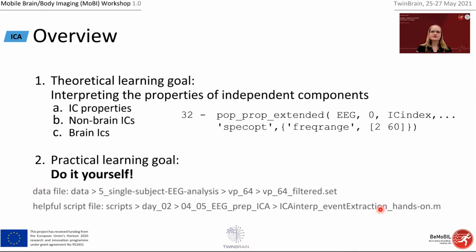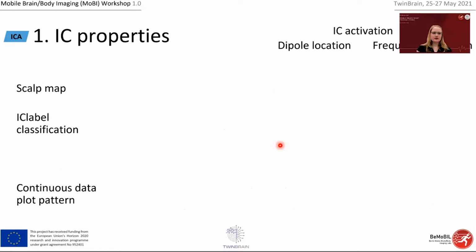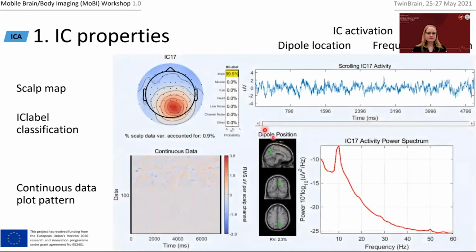This is just a simple function that gathers a lot of properties on one figure. So we see all those different properties of one independent component. We will walk through all of them now in the next slides.